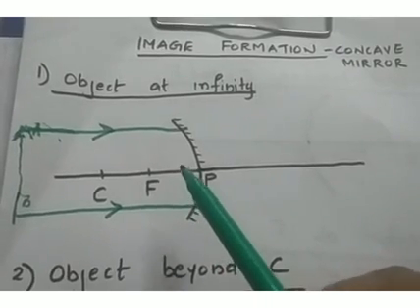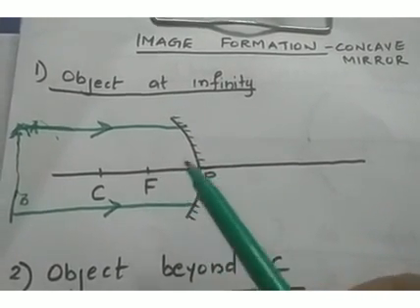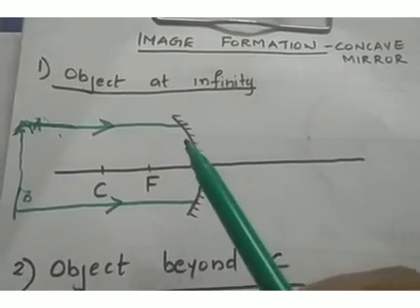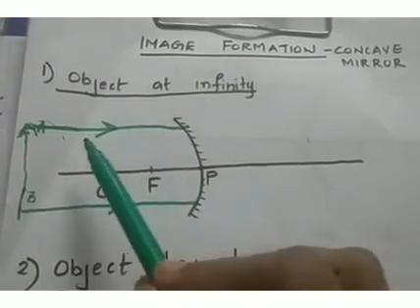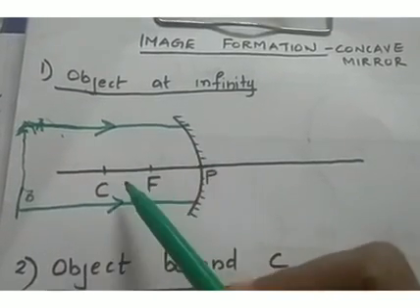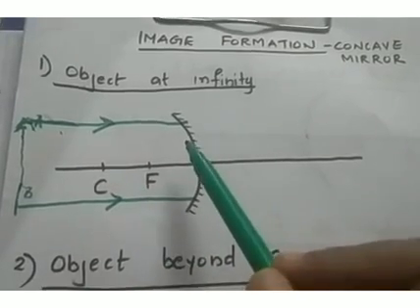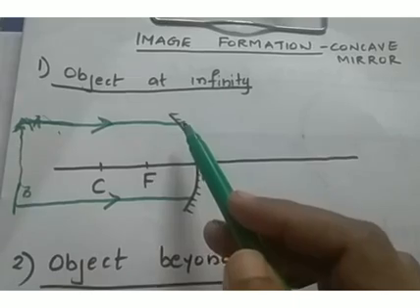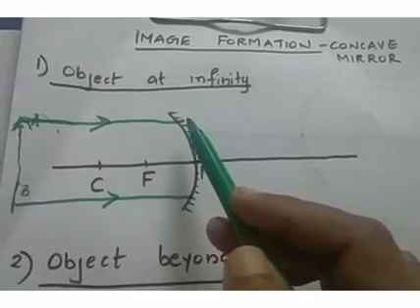Now it's time to apply our first rule. What is our first rule? Our first rule states that whenever a ray is incident parallel to the principal axis on a concave mirror, or on any mirror, the reflected ray will pass through focus, isn't it?